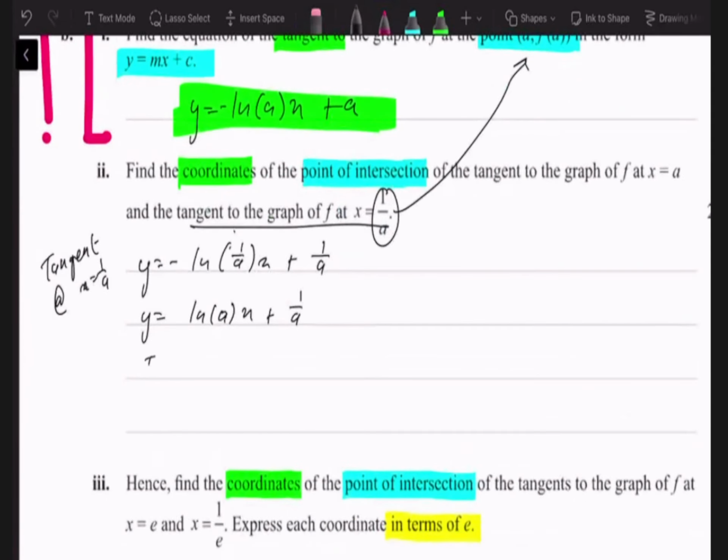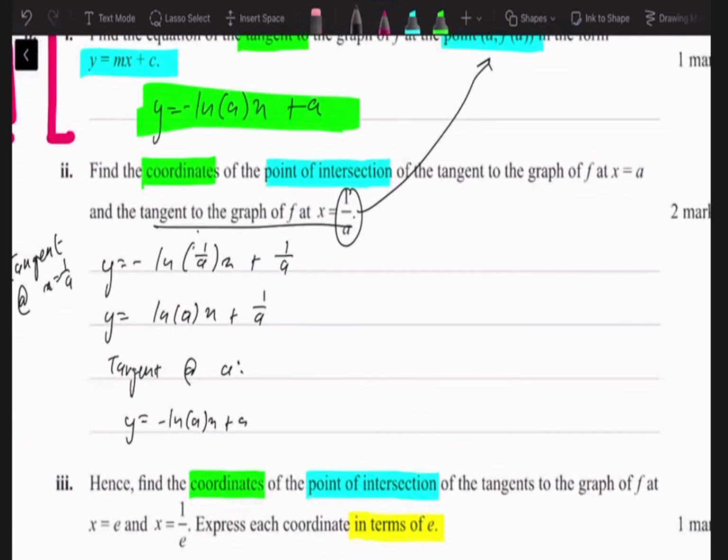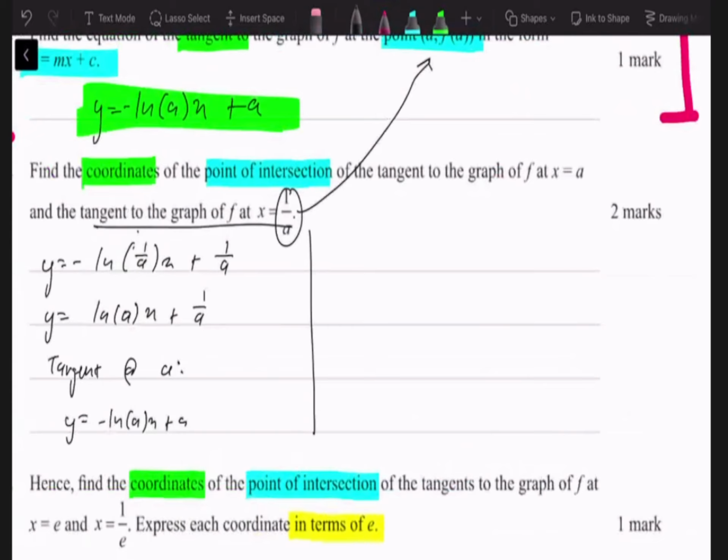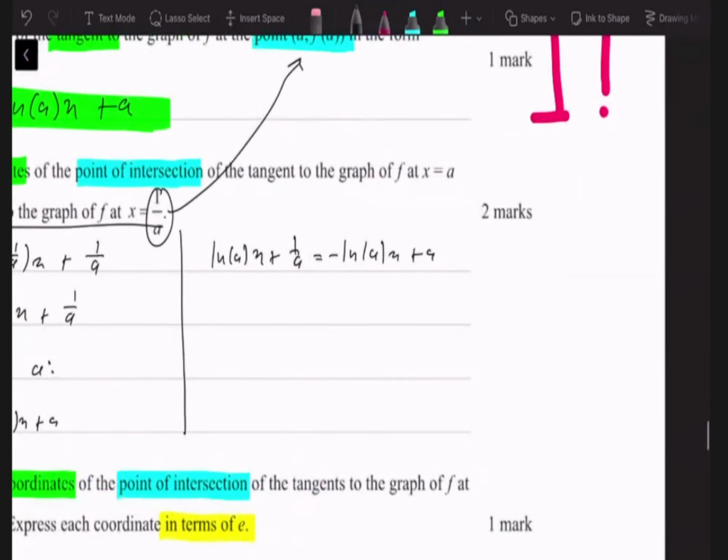And the tangent at a is just what we found here, so minus ln a x plus a. If we're finding points of intersection, just equate the y's. So ln a x plus 1 on a is negative ln a x plus a. So 2 ln a x equals a minus 1 on a.